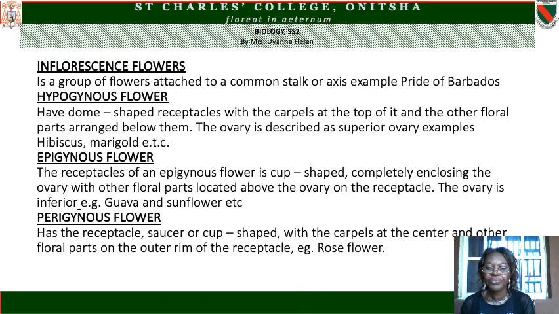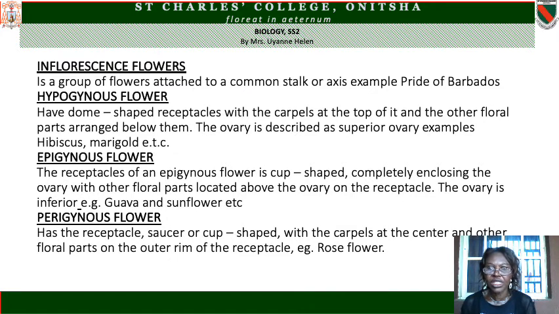Then we have the epigynous flower. The epigynous flower has a cup-shaped receptacle, and the receptacle completely encloses the ovary, with other floral parts like the stamens and the petals radiating from the receptacle, which hides the ovary.